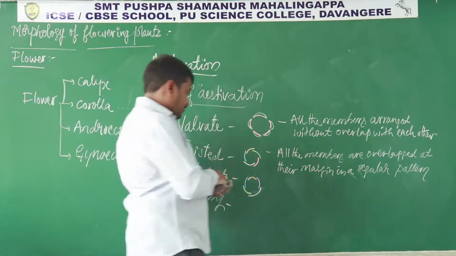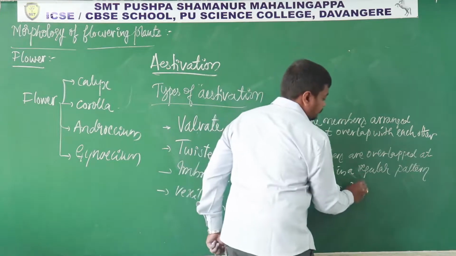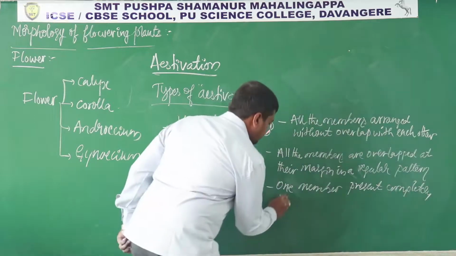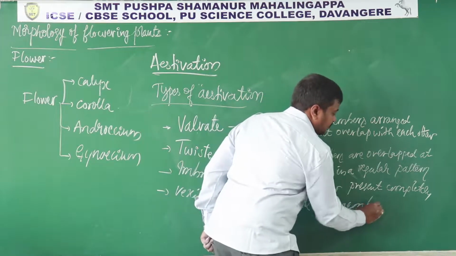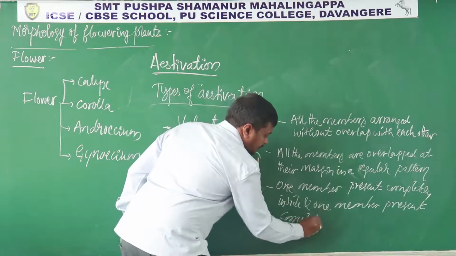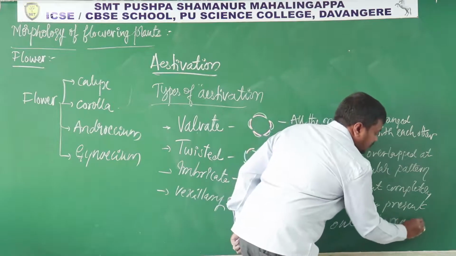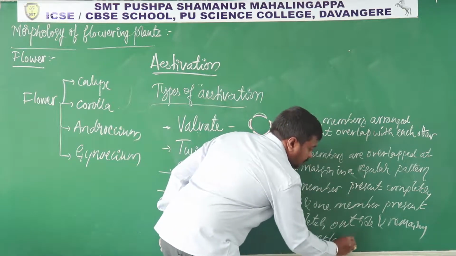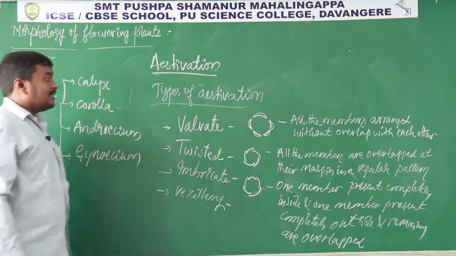So in imbricate, one member is present completely inside, one member is present completely outside, and the remaining are overlapped. So that is imbricate estivation.